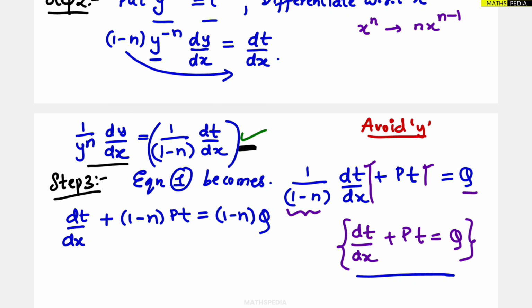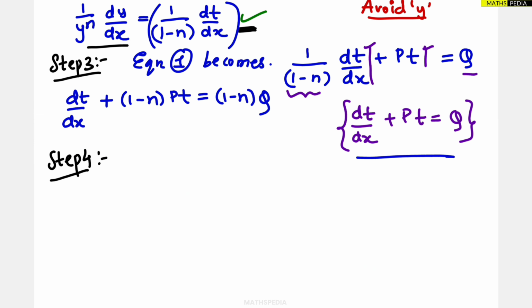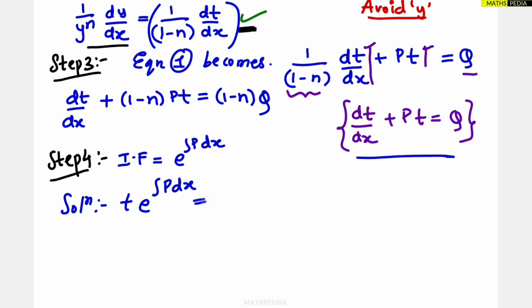Now step number 4 we'll discuss. We are going to take the integrating factor, which will be equal to e power integration of P dx. Then we go for the final thing, the solution, which can be written as t into e power integration of P dx equal to integration of Q into e power integration of P dx plus c.